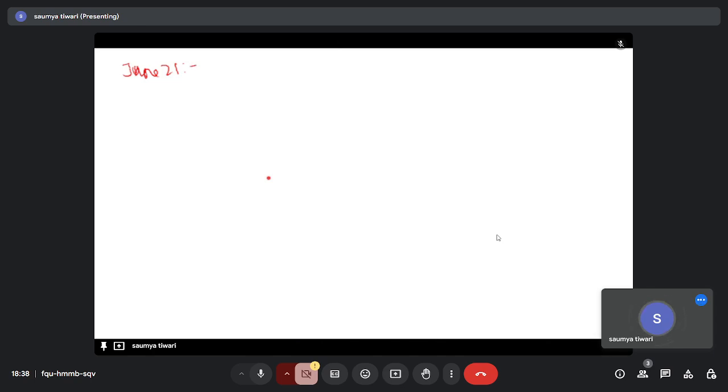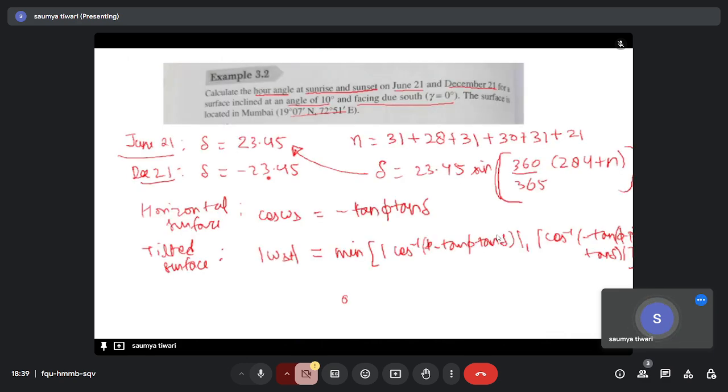Let's put the values. So mod of omega s t will be the minimum of mod of cos inverse of minus tan phi tan delta. Your phi is 19 degree 7 minutes, which we can convert into degrees by dividing by 60, and it comes to 19.12 degree.